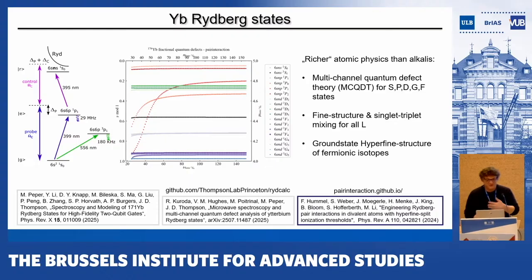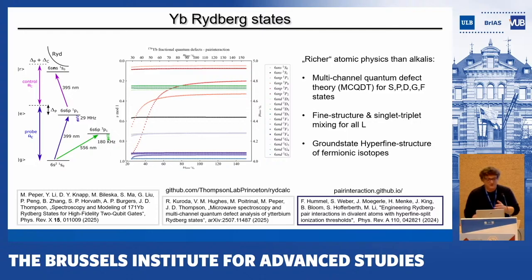But that also tells you maybe another aspect of science. Things come in waves, and sometimes you rediscover things that have been forgotten for 40 years, and they suddenly become very relevant again. So a lot of young people are now learning multi-channel quantum defect theory again and advancing it forward so that we can get better and better understanding of these ytterbium Rydberg states.